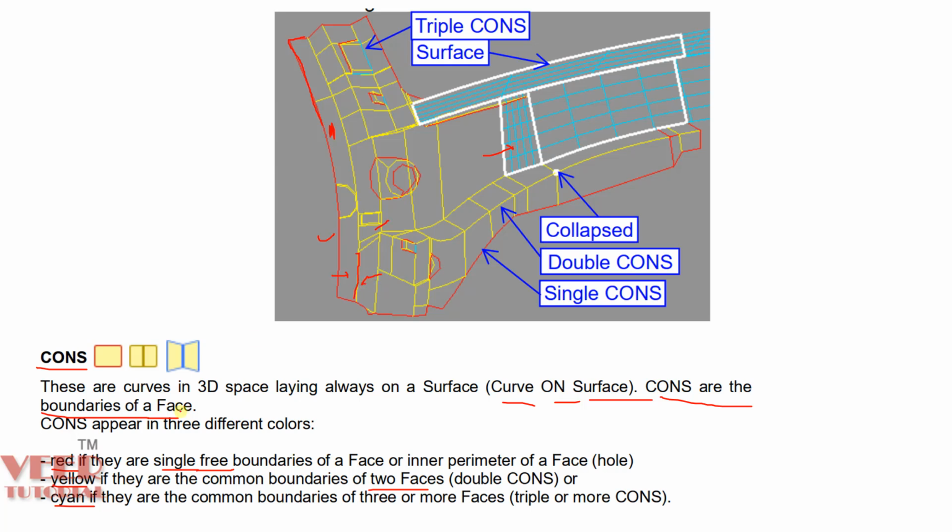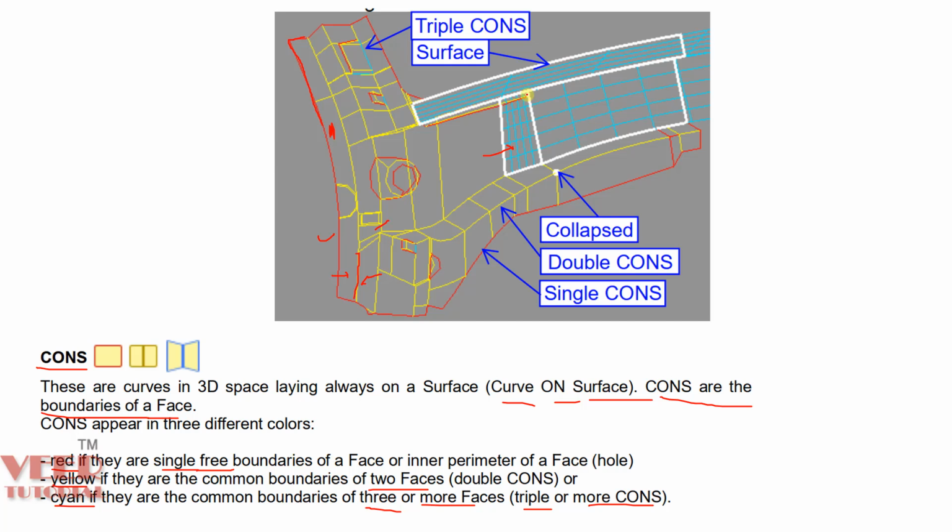Now we also have cyan, when the boundary is shared by 3 or more faces. Generally we call it a triple cone or more. Here you can see we have multiple surfaces sharing it. We get this type of cyan cone whenever we have a duplicate surface.